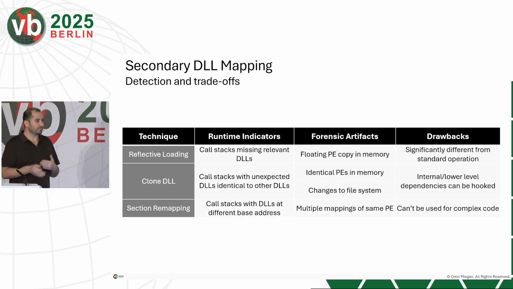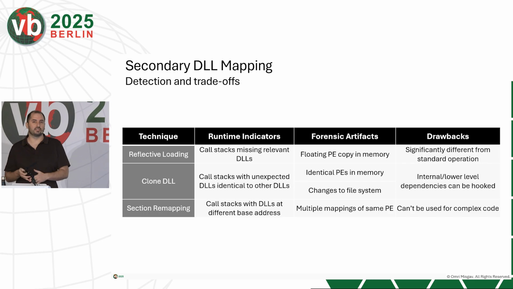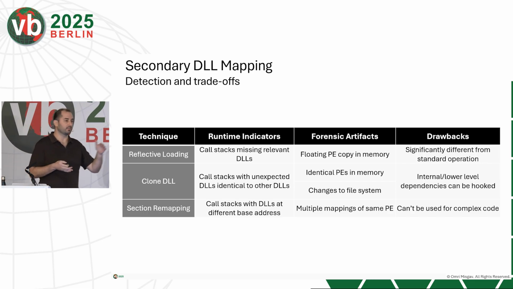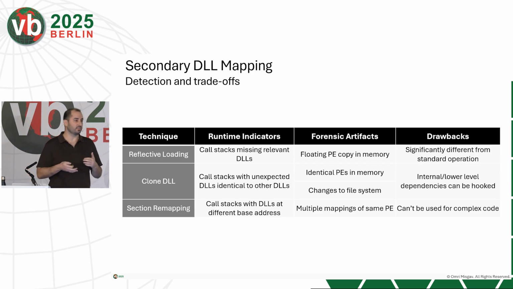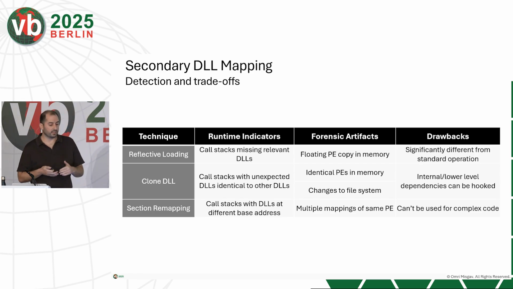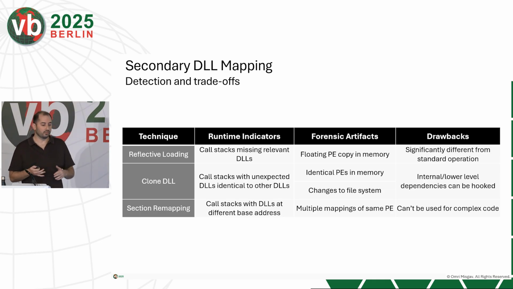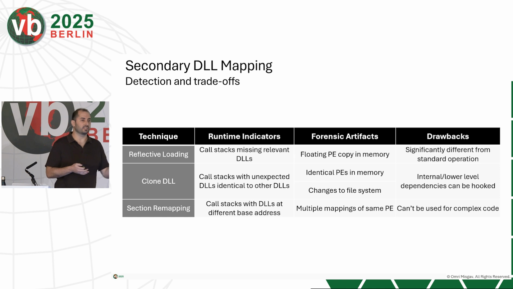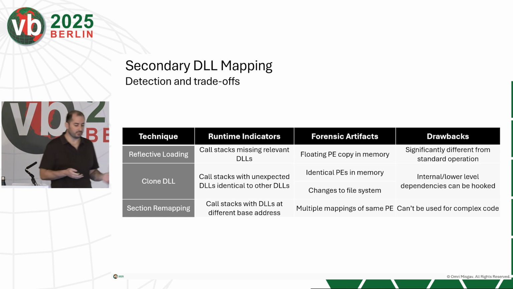So these techniques can be detected. I've listed some indicators here, and also some of their drawbacks. Basically, if you analyze at runtime the call stack, which parts of the code participated in a specific operation, you'll see certain differences. Either you'll see missing relevant DLLs in the stack, or DLLs that you didn't expect to see there, which are identical to other system DLLs.